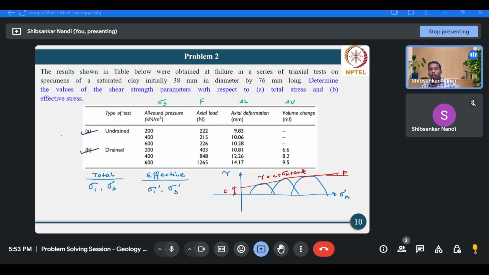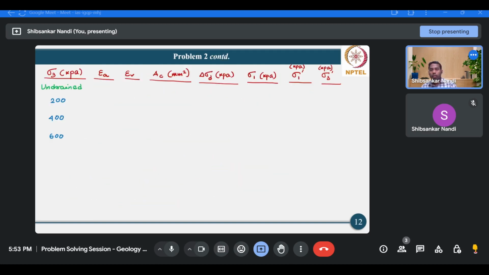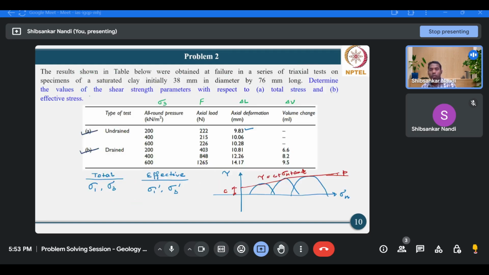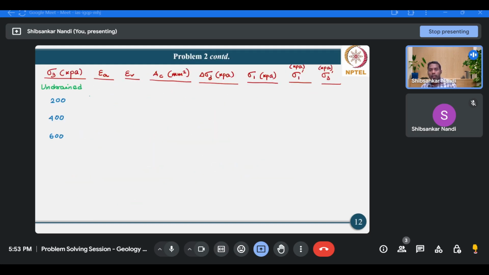For 200, what is the axial deformation? The axial deformation is 9.83 and the initial length is 76.